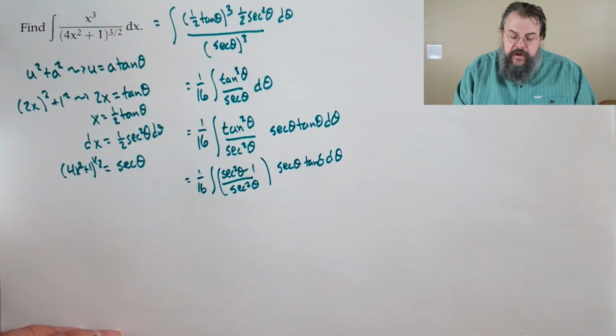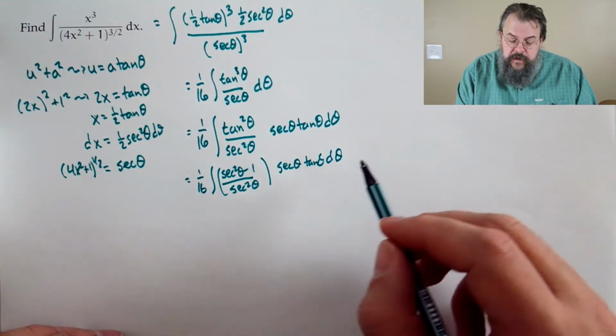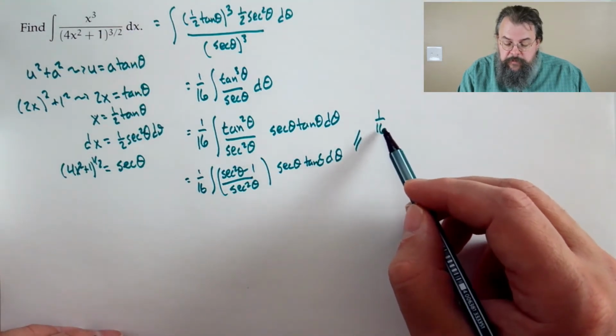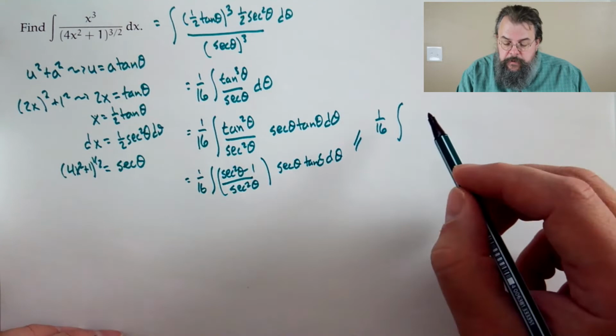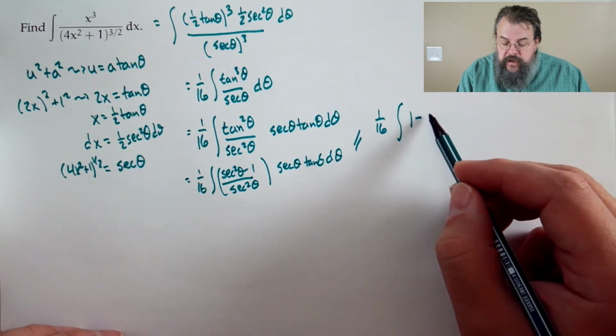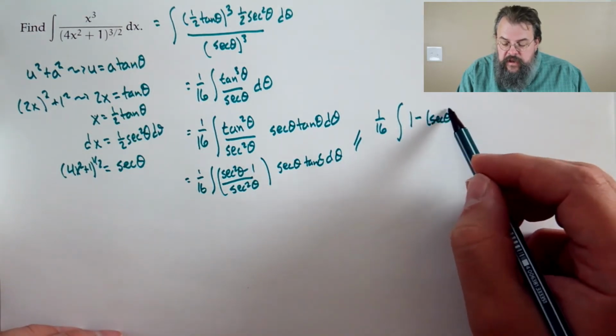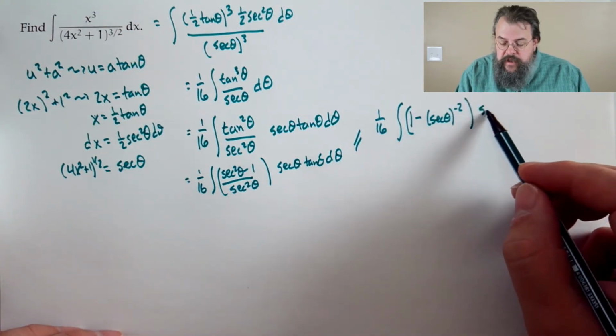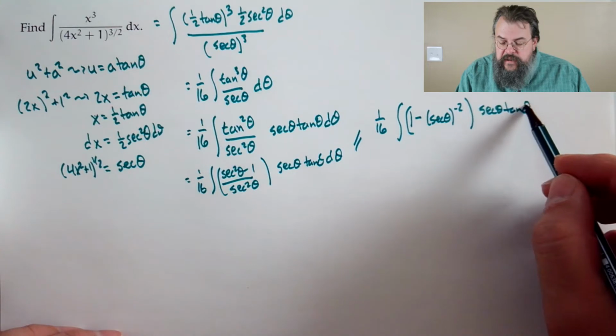All right, now we can even go a little bit further. Okay, so this is 1 over 16, and we're going to get 1 minus, I'll write it as secant to the minus 2. It's 1 over secant squared times secant theta, tangent theta, d theta.